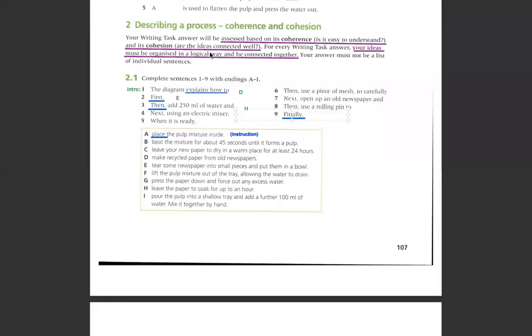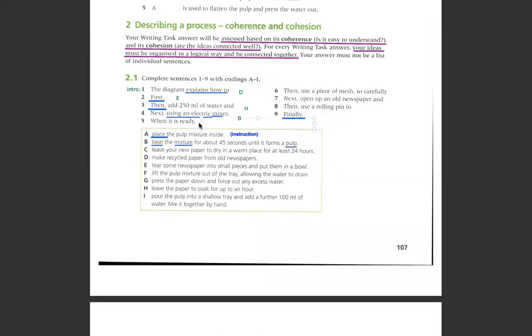Okay, so the phrase here, using the electric mixer, means what are we going to do with the electric mixer? The answer here is B. Right, so now we need to match the verb, beat. You can see here we've used the word mixture and then we've used the word pulp as well.